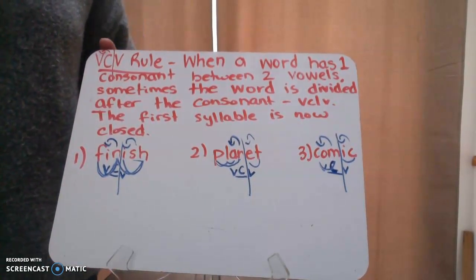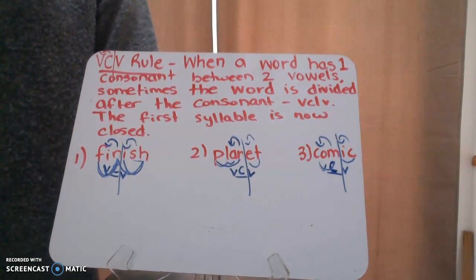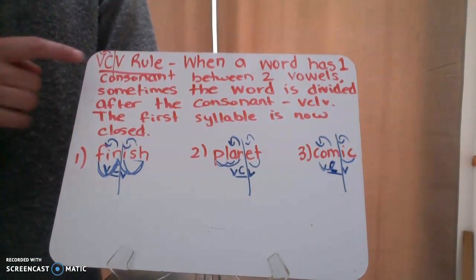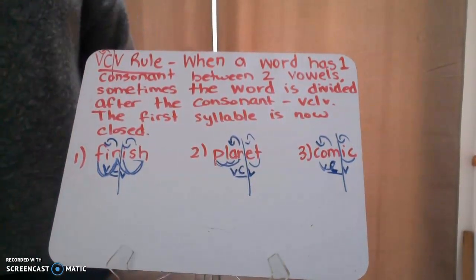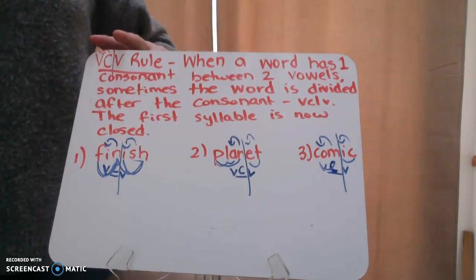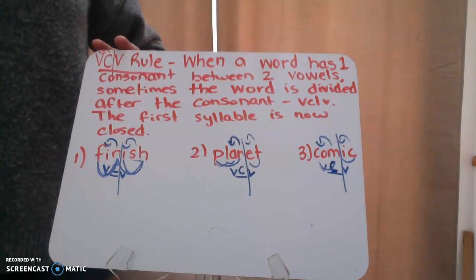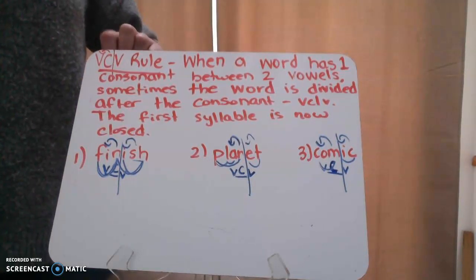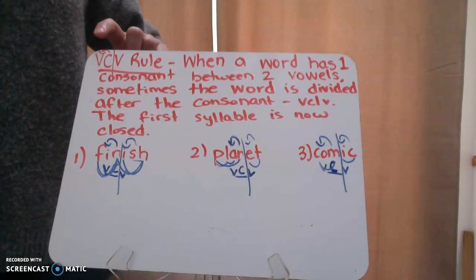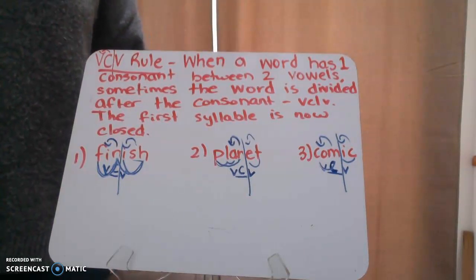So what have we learned this week in OG? We learned the VCV pattern. Boys and girls, when there is a VCV pattern, that means there's one consonant in the middle of two vowels. When we see one consonant in the middle of two vowels, we can chop the word in two ways.